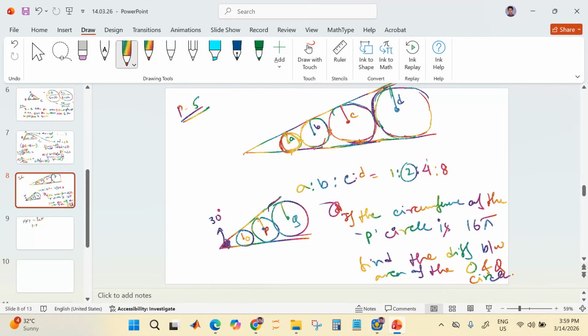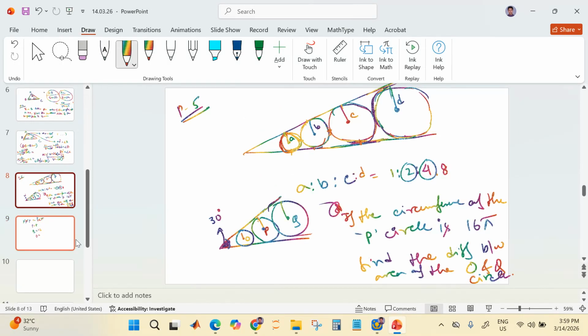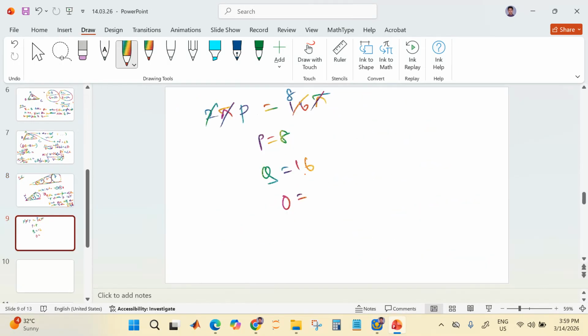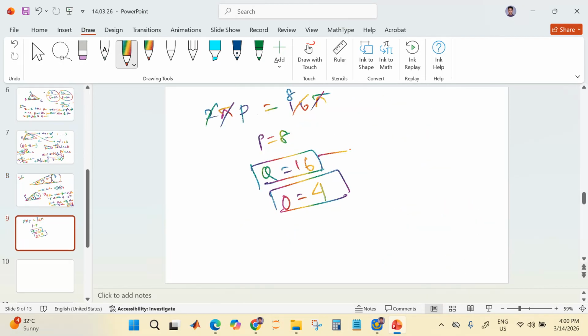2 মানে যদি 8 হয় তাহলে 4 মানে কত হয়? It is 8 to the 16, that is Q equals to 16 and O equals to 8 by 2 মানে হচ্ছে 4. তাহলে Q মানে 16, O মানে 4, এই দুটো যদি হয় তাহলে এদের এরিয়া ফাইন্ড করে ফেলো। Pi into Q square, similarly pi into O square.